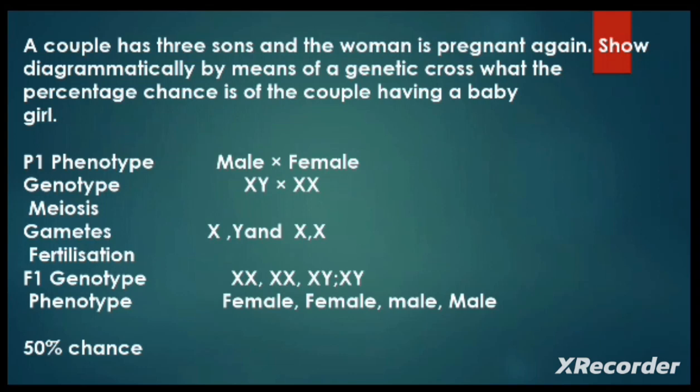Right? So how do we get the genotype of the children? You take the first X of the male, combine it with the first X of the female. You get XX. And then you take the X of the male again, you combine it with the second X of the female, you get XX.